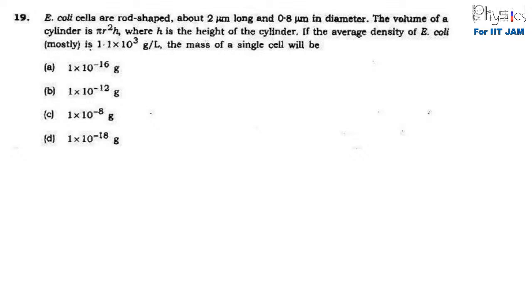If the average density of E. coli mostly is 1.1 into 10 to the power 3 gram per liter, the mass of a single cell will be option A 1 into 10 to the power minus 16 gram, option B 1 into 10 to the power minus 12 gram, option C 1 into 10 to the power minus 8 gram, option D 1 into 10 to the power minus 18 gram.